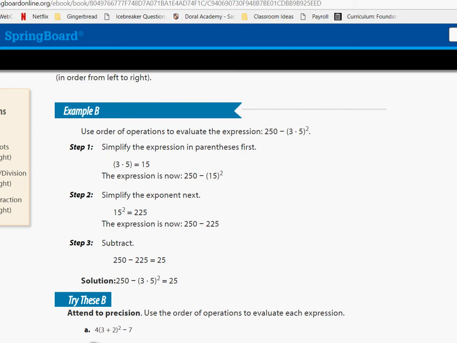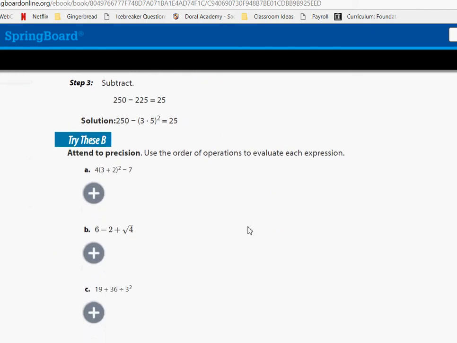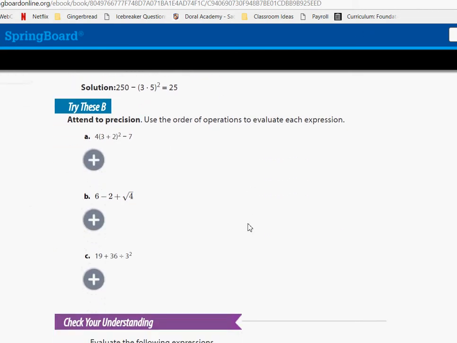Let's look at one other example, and then I'll have you try a couple. The next example I want us to look at is 4 times (3 plus 2) squared minus 7. Again, parentheses first. So 3 plus 2 is 5.